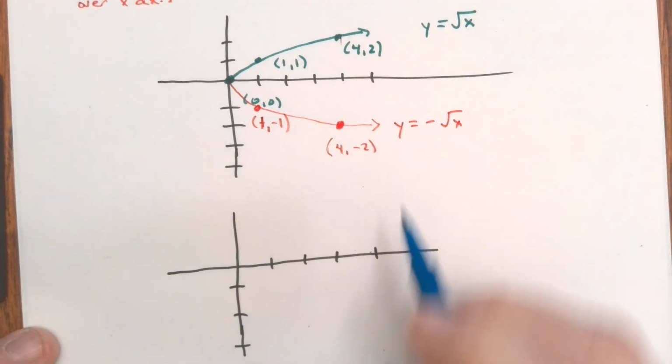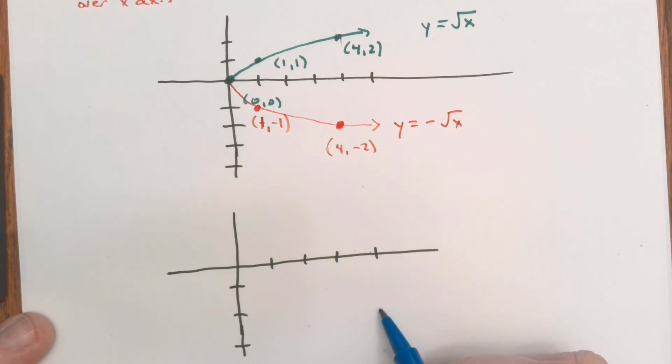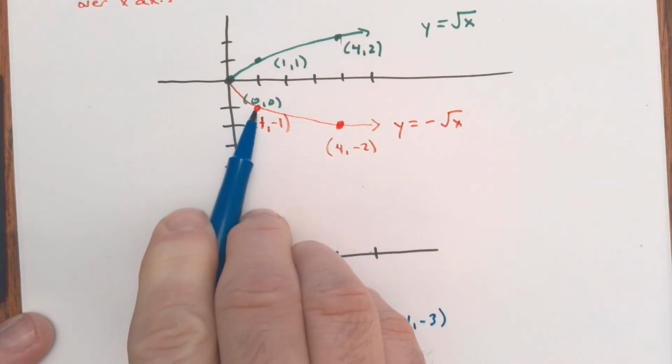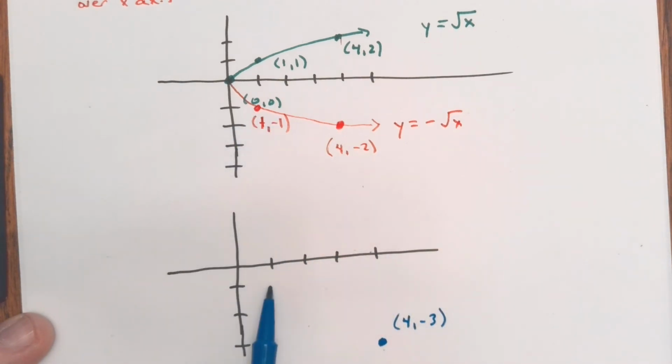If I take 4, negative 2, which would be right here, and slide that down 1 unit, we would be at the point 4, negative 3. If I take 1, negative 1, which would be right here, and I slide that down 1 unit, that would be the point 1, negative 2.